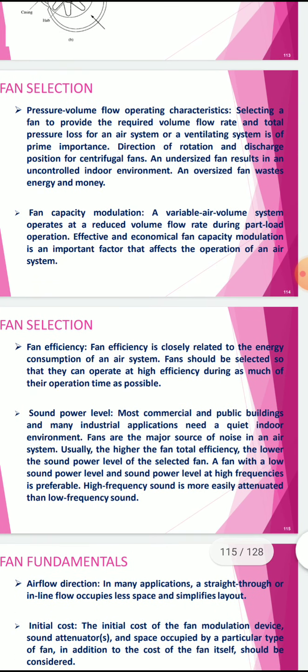Fan efficiency. Fan efficiency is closely related to the energy consumption of an air system. Fans should be selected so that they can operate at high efficiency during as much of their operation time as possible.